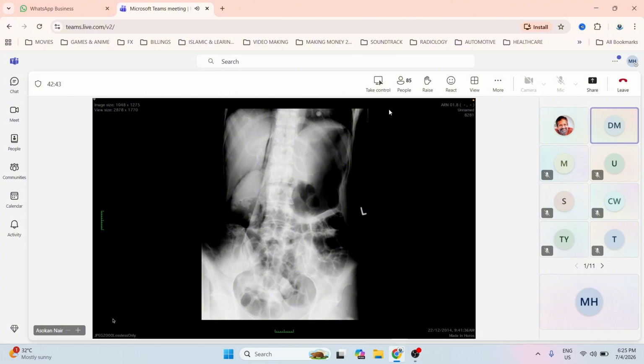I think there is irregularity of the bowel wall as well as the... Have a look at the liver. What do you see on the liver?